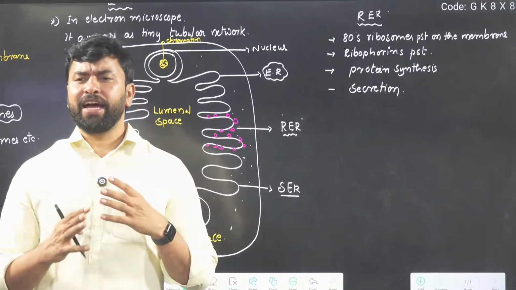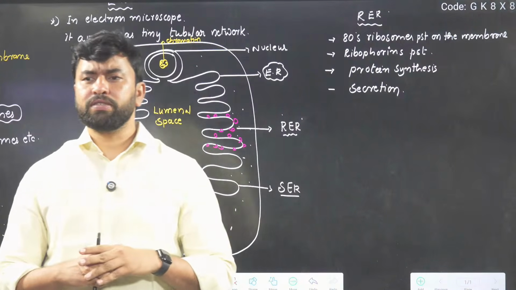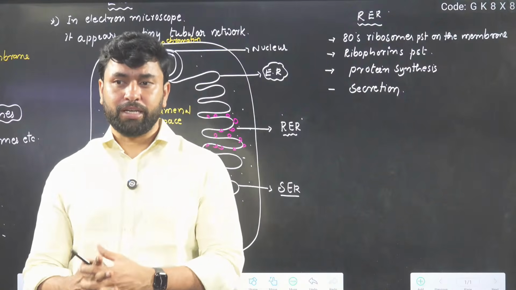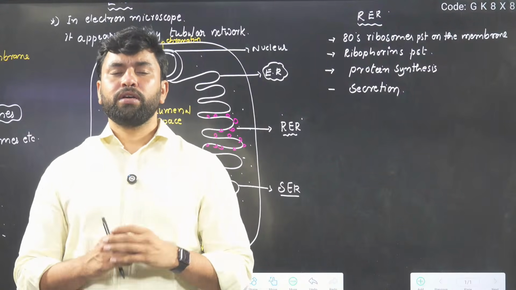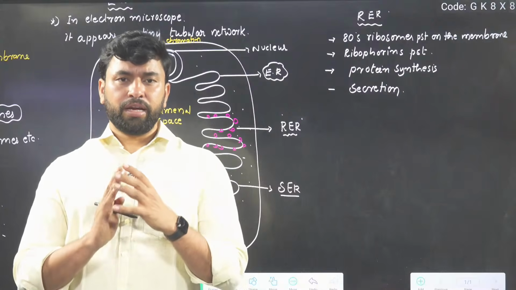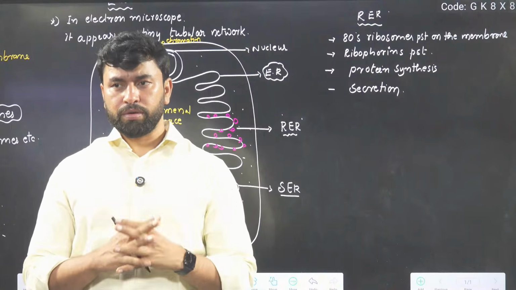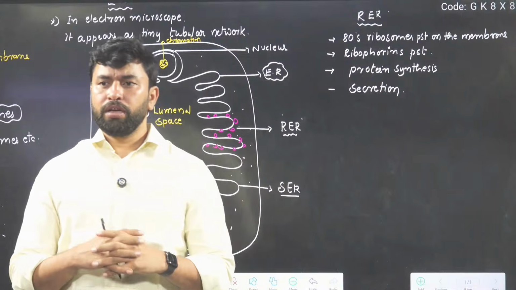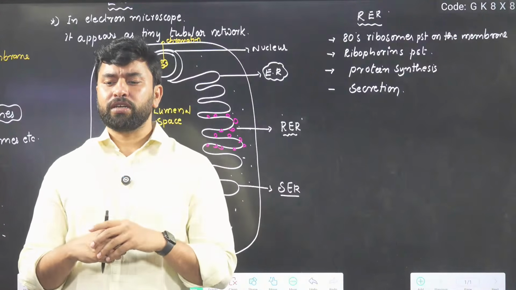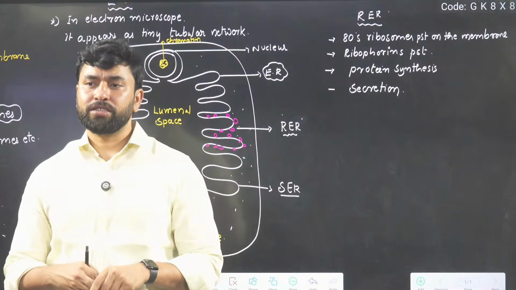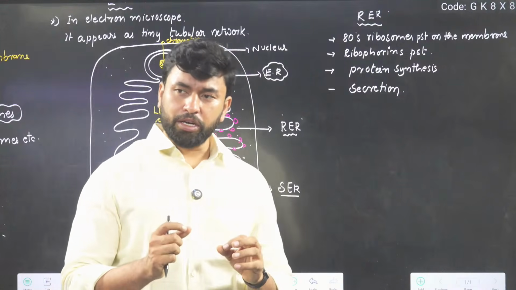The cells which are actively involved in protein synthesis contain a high quantity of rough endoplasmic reticulum. Best example, in the pancreas, beta islets constantly synthesize insulin hormone, which is a protein. So, in order to synthesize protein excessively, they have a structure called rough endoplasmic reticulum.